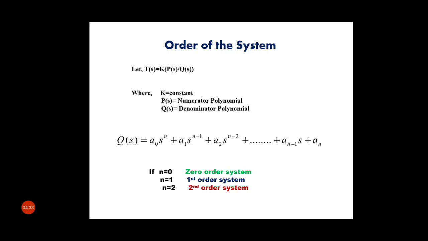For n equal to 0, the denominator polynomial Q(s) equals a0 into s to the power 0, that means a0, plus a1 into s to the power minus 1 plus a2 into s to the power minus 2, like this.